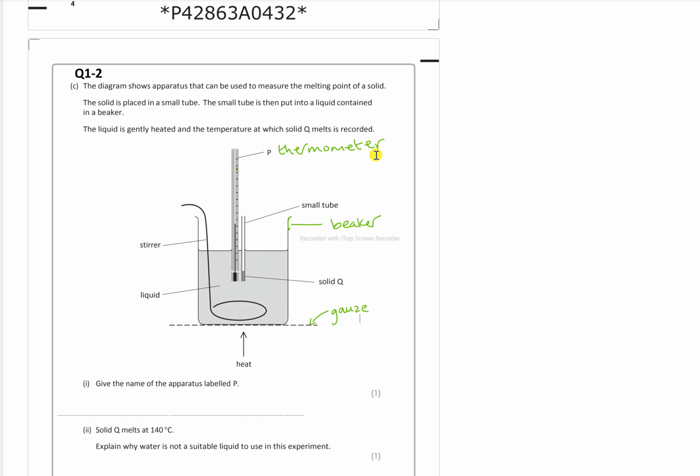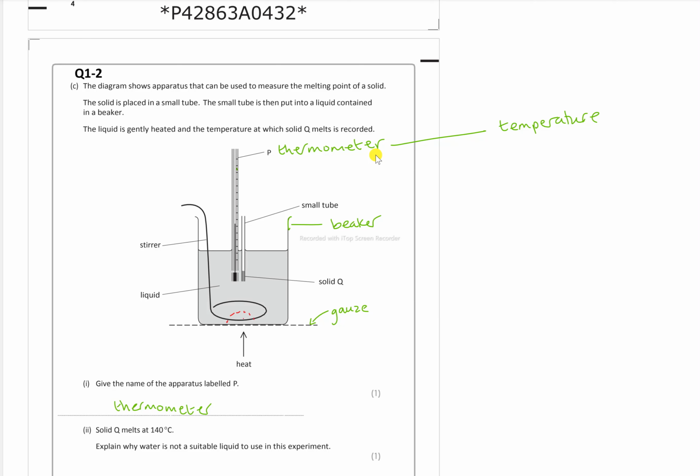Right, okay, that's a thermometer. A thermometer is used to measure the temperature of something. And you use the stirrer because look, let's go that way.